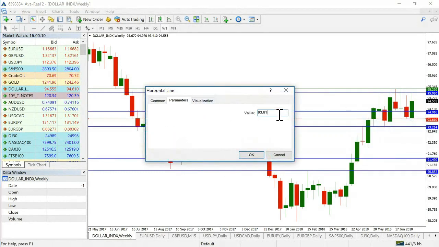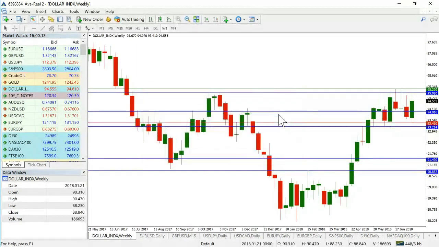You can see how the market has been failing to break and push either above or below, so it's a really strong level of resistance at this level. So those are the levels we work with for the week ahead.